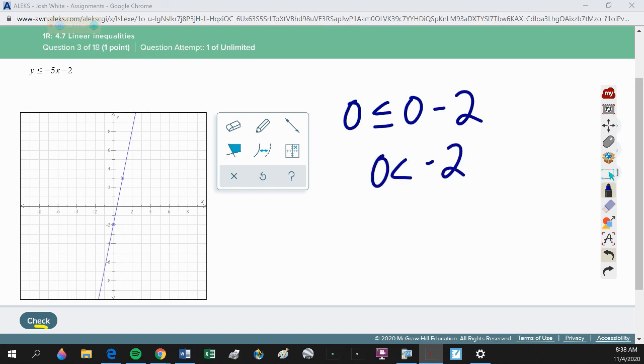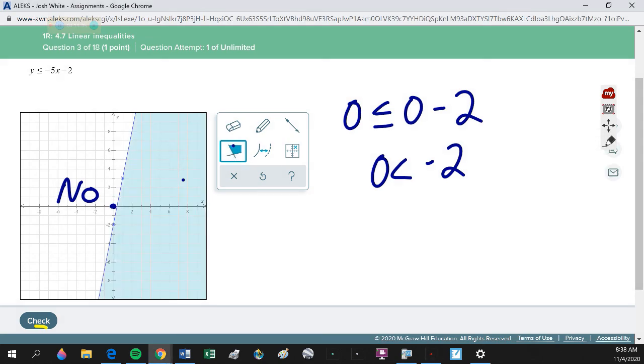No. So this point right here is a no, which means all of the points on the other side must be a yes.